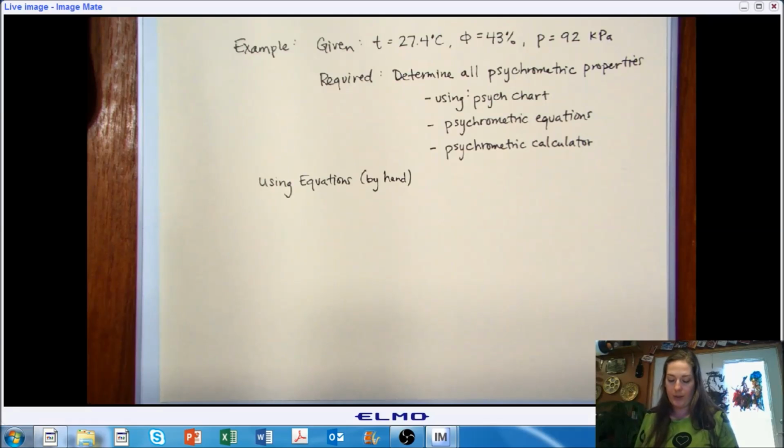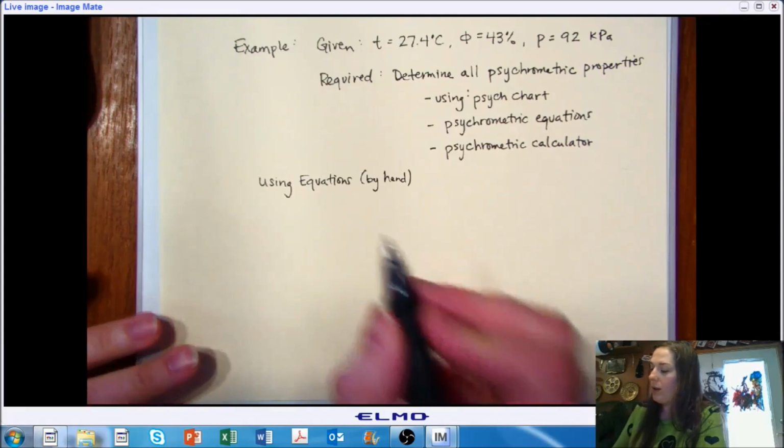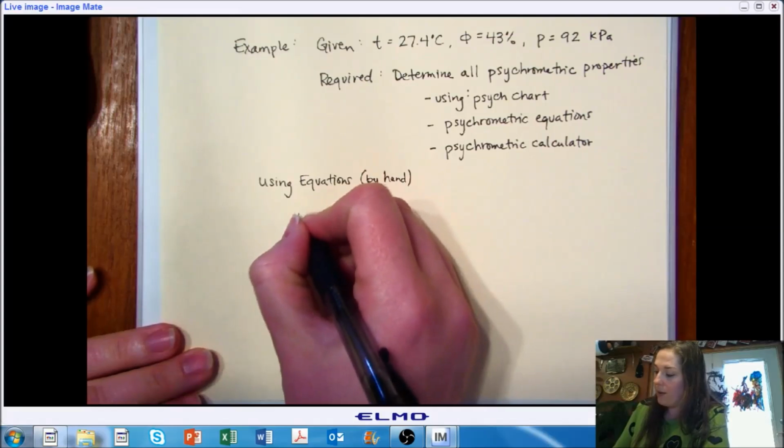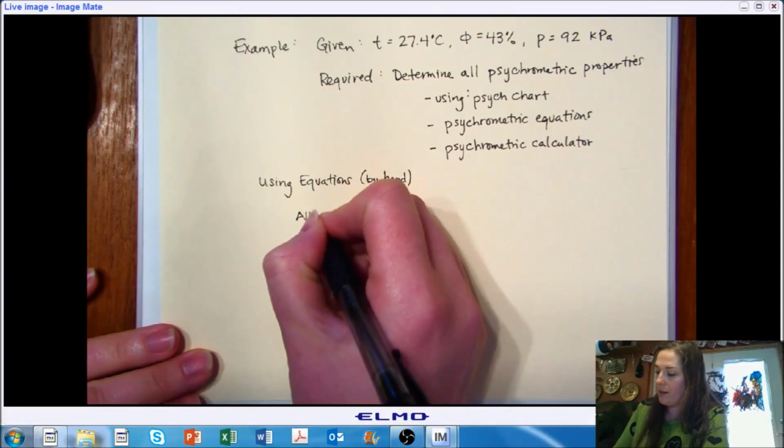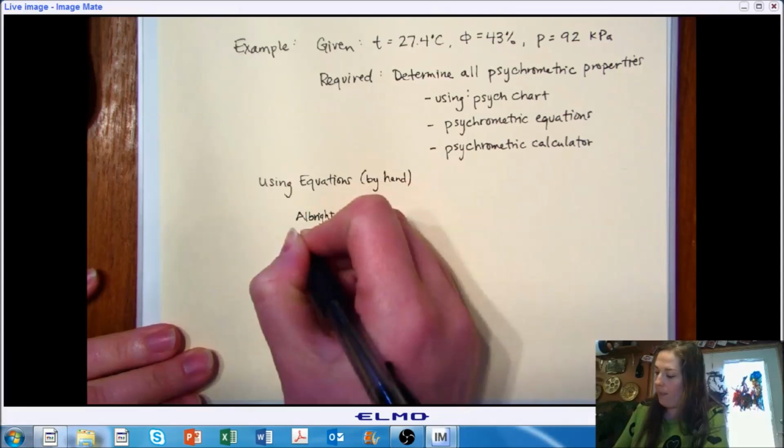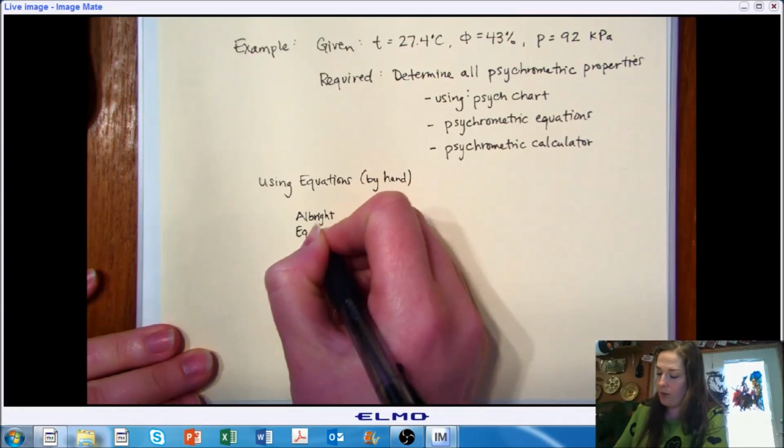So we are going to take some of the first equations from the Albright text to get our initial pressure. Our saturation water vapor pressure, one of the easiest ways to do it is the equation that's given in the Albright text. We're going to use equation 2.1 to start with.